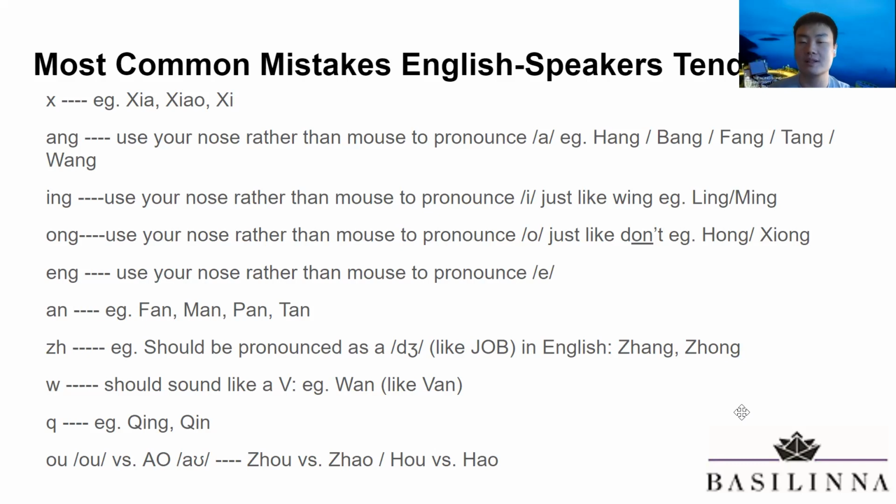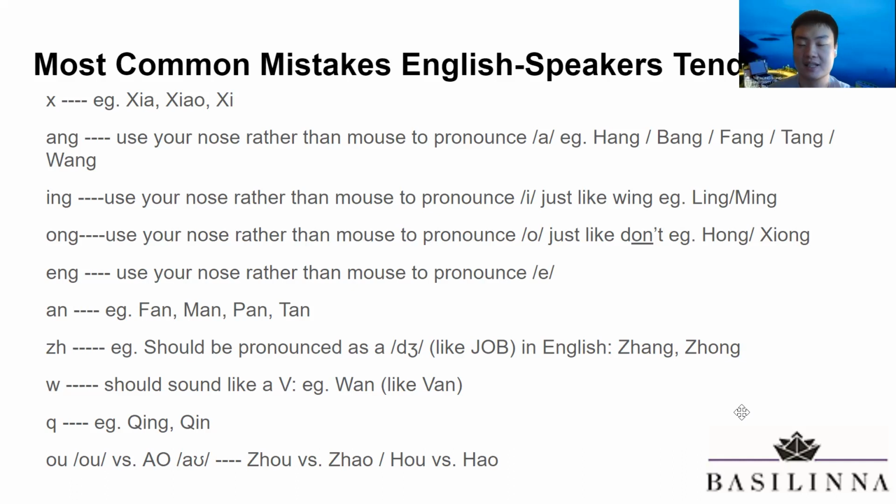So there are some examples like hang, bang, fang, tang, wang. Okay, the second one, you could pronounce i from your mouth, but let's try to pronounce it from your nose. This is ying.